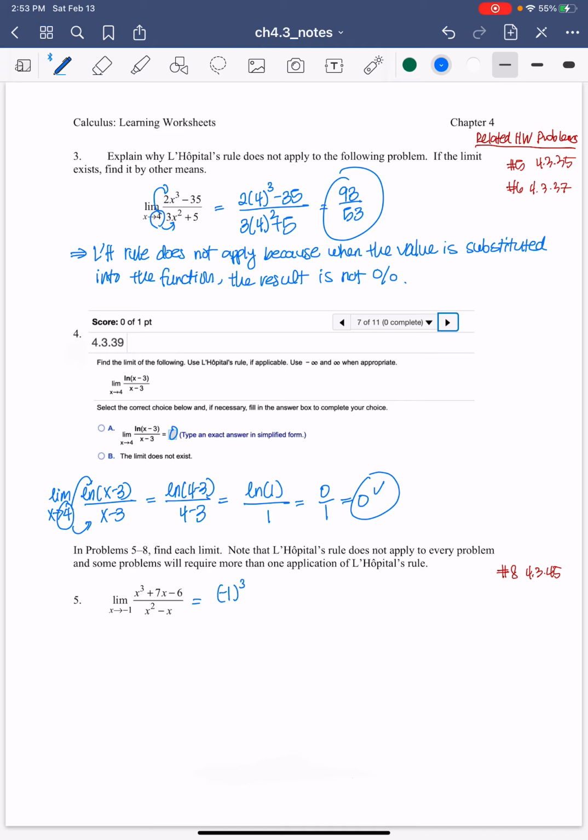-1 cubed plus 7 times -1 minus 6, over -1 squared minus -1. So here I have -1 minus 7 minus 6 over 1.